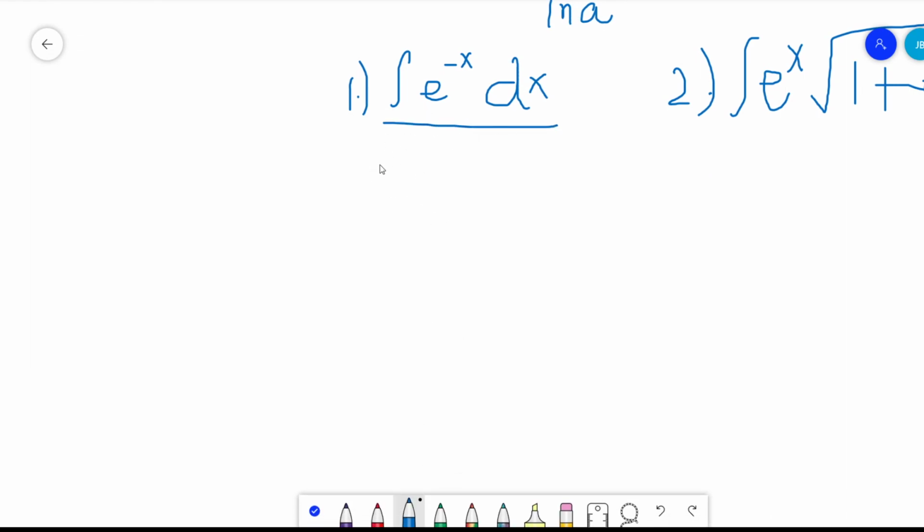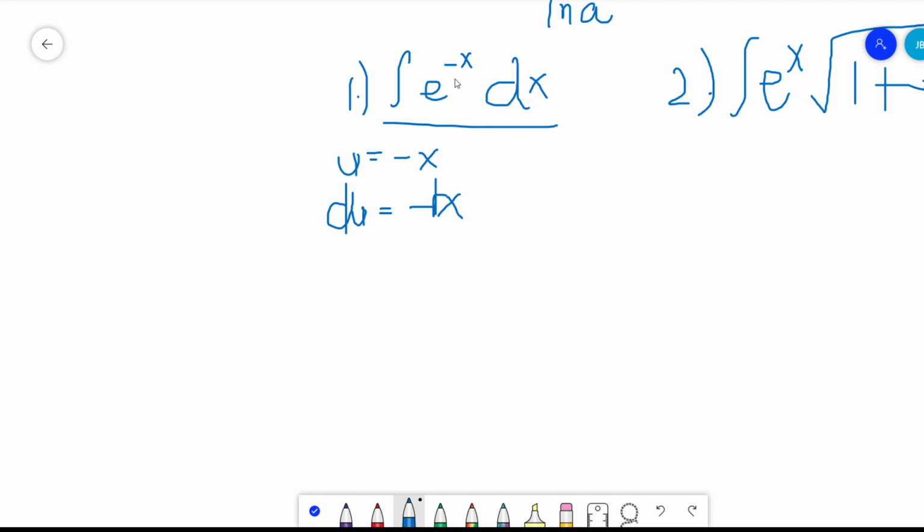Number 1: the integral of e raised to negative x dx. To get the answer, you are going to let u be negative x. Then du is equal to negative 1 dx, or that's negative dx.